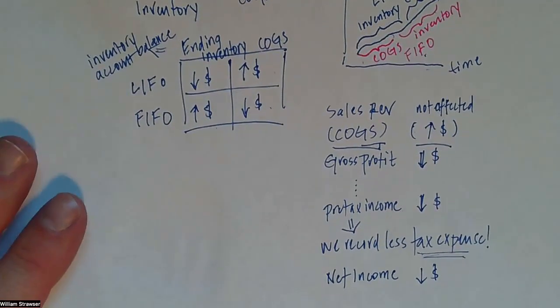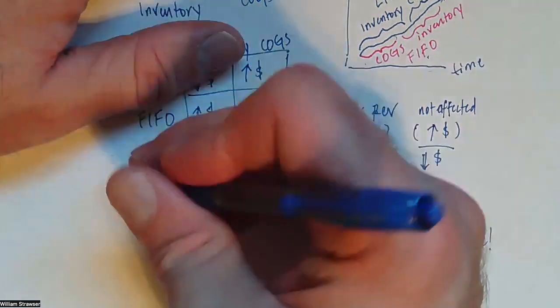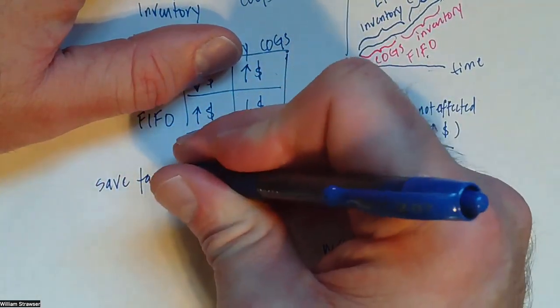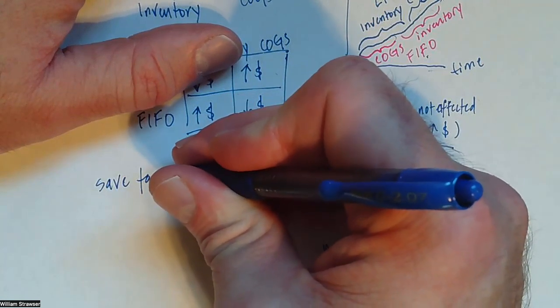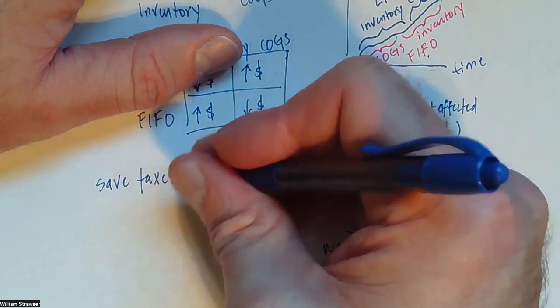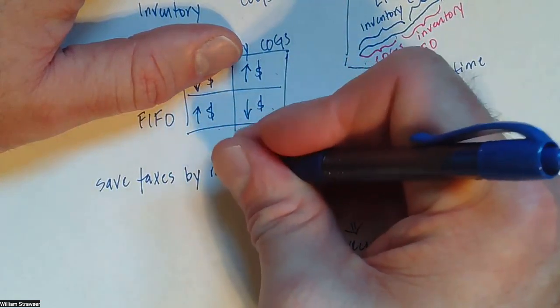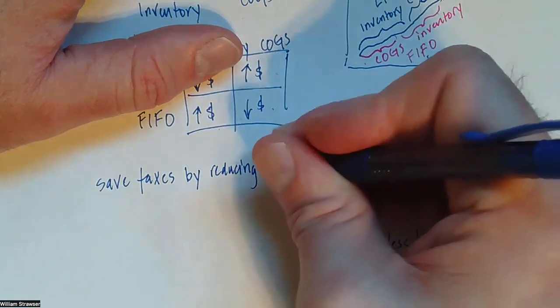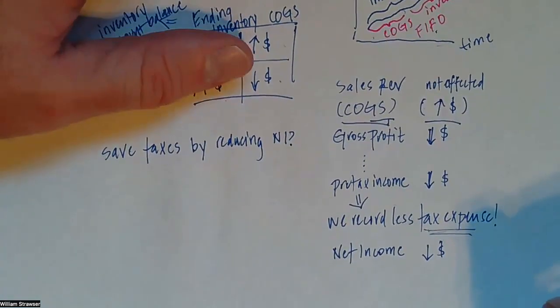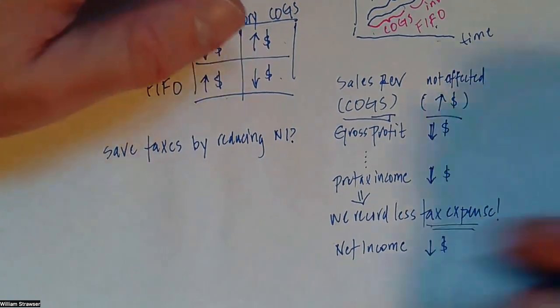Okay. So why do companies prefer to save tax by reducing net income? Now, to understand this, we have to understand a couple of things.